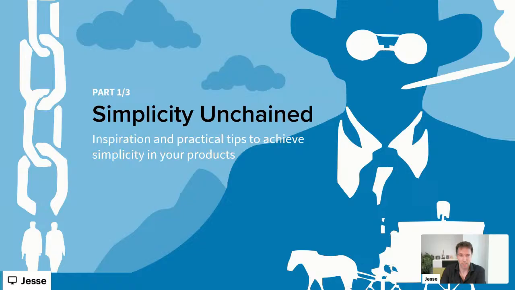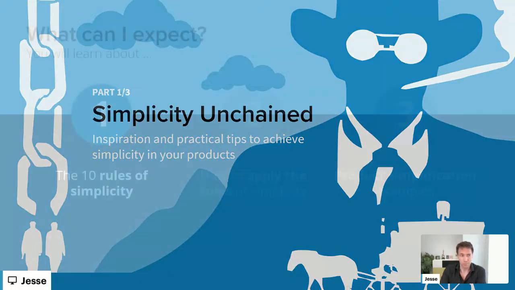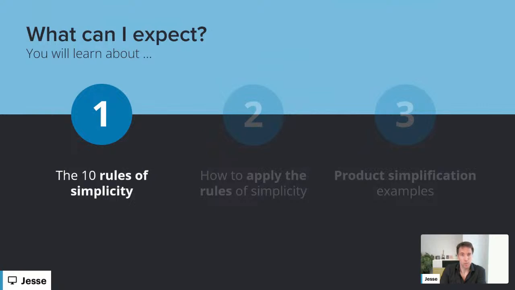It's the first out of three of our summer schools around product management and product ownership, where today we'll focus on simplicity for features. I hope to inspire you and give you some practical tips today to achieve simplicity in your products. So for today, you will learn about the 10 rules of simplicity as they can be found in a book by John Maeda, and we'll dive into them.